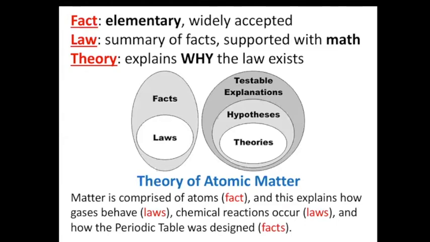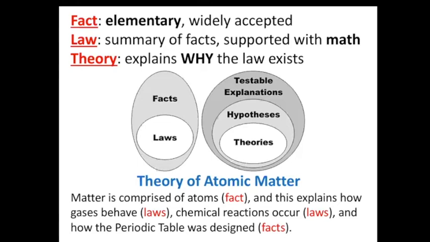The ultimate pinnacle of science is what we call a theory. A theory means that it has been tested over and over and over and has not been disproven. When we get to the level of theory, it is supported by facts and laws. And you can see the example down below. Matter is comprised of atoms.